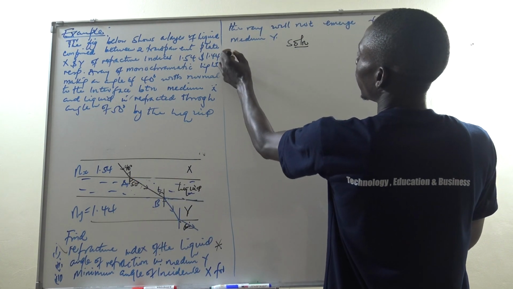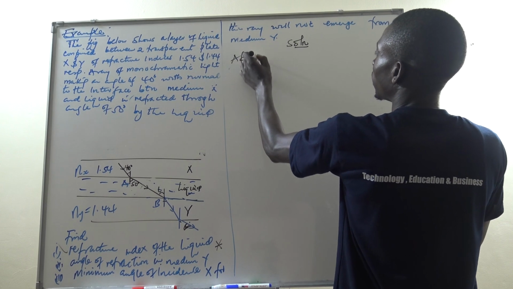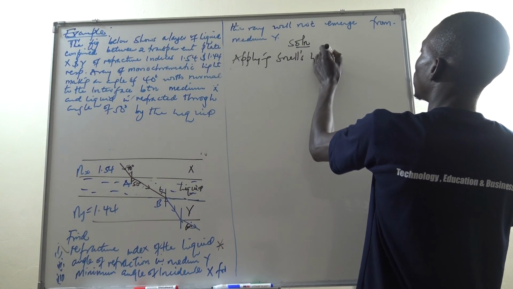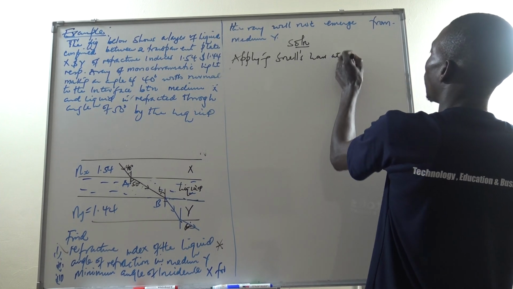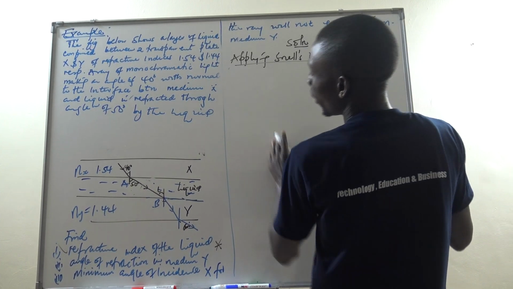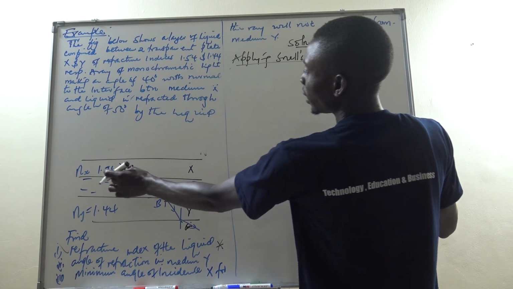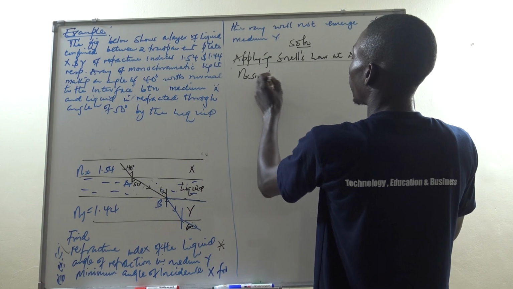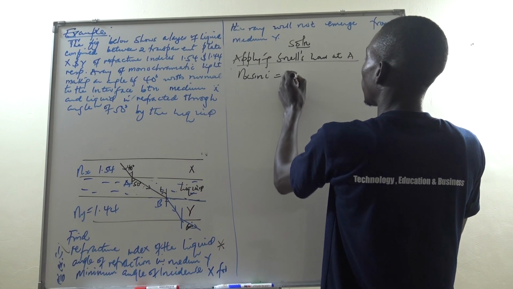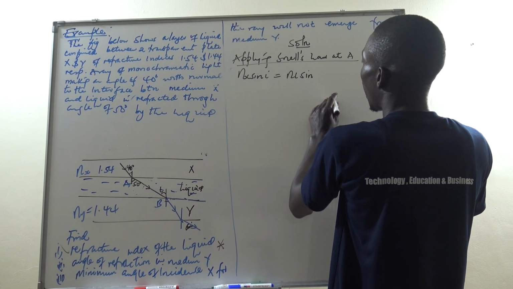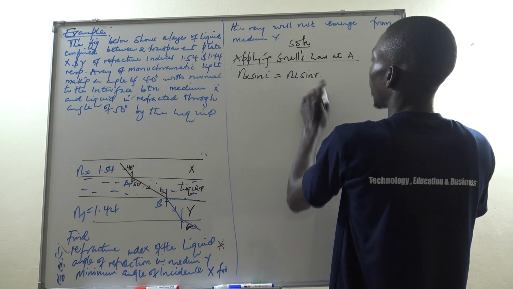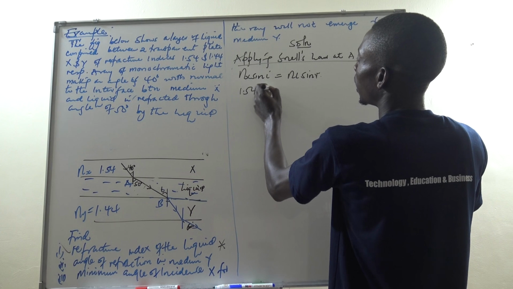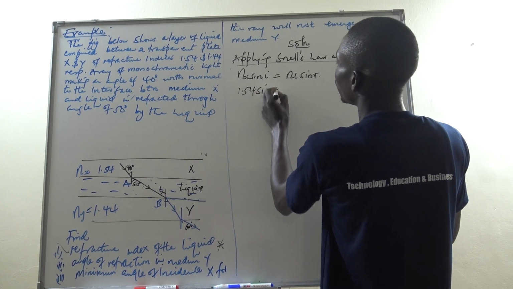So how do we get the refractive index of the liquid? We can say applying Snell's law at a point, maybe A. And now if I'm applying Snell's law there, that means that I'll say refractive index of X, sine of angle in it, and then refractive index of liquid, sine of angle in the liquid as R. But refractive index here is 1.54, and then sine I, the angle is 40.